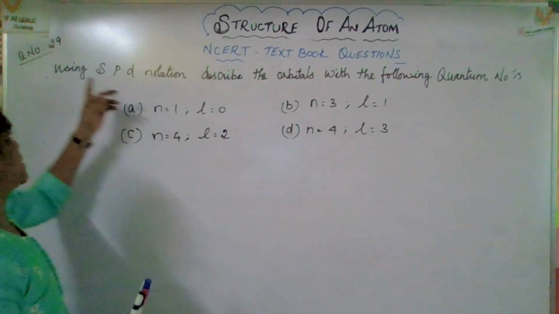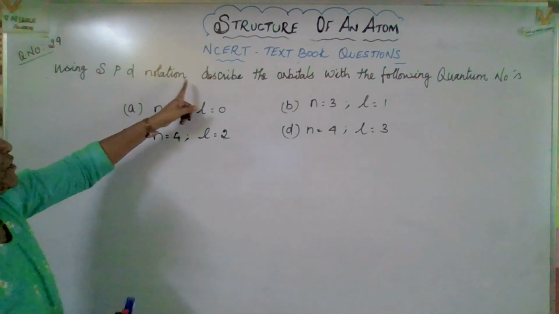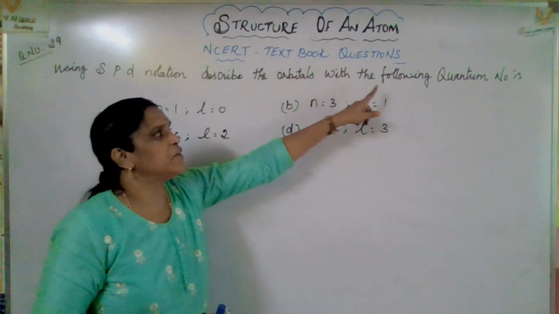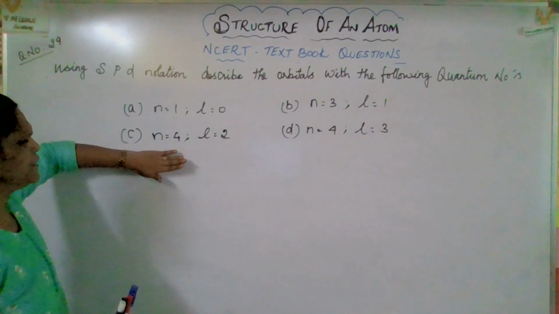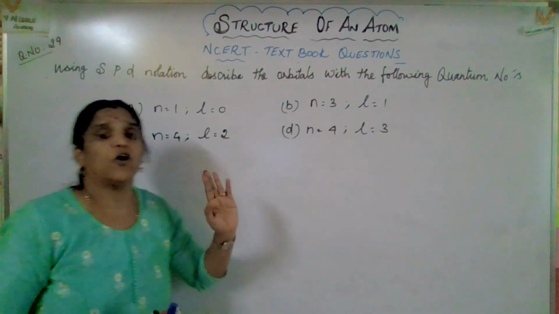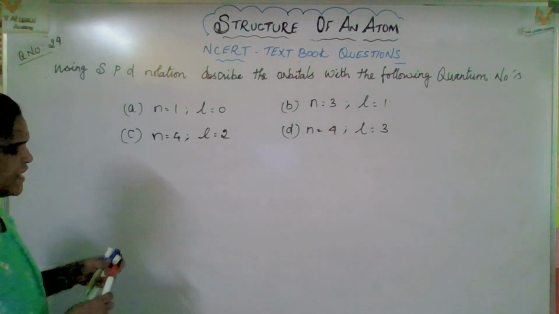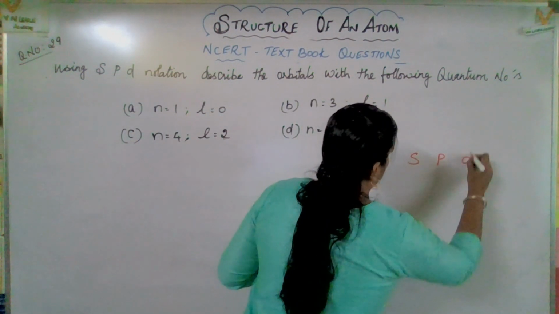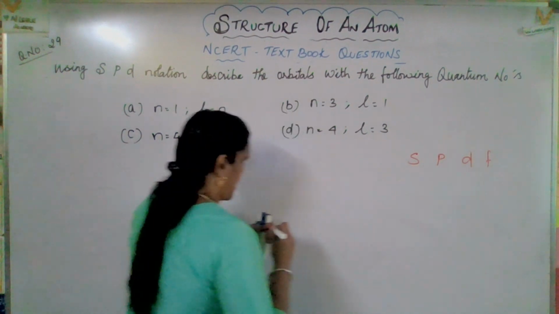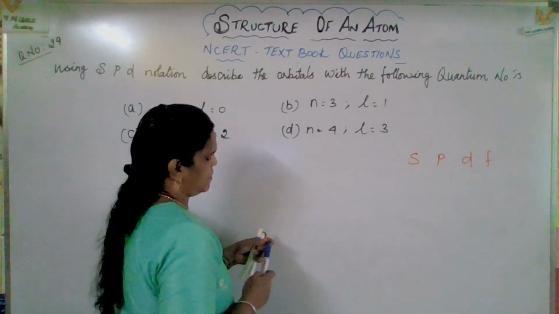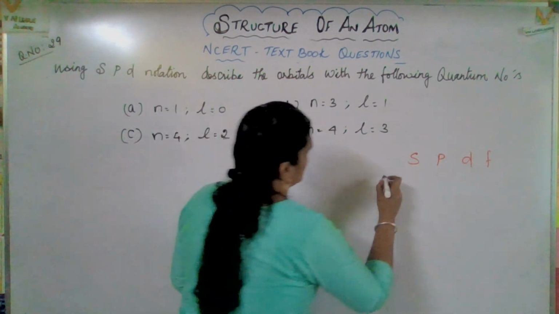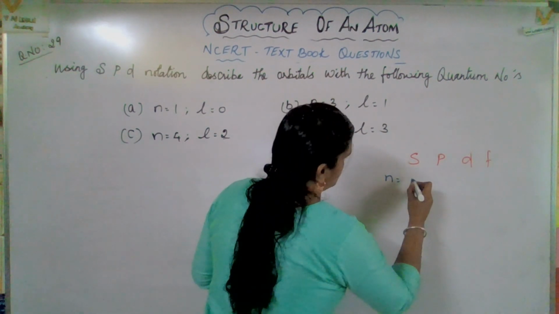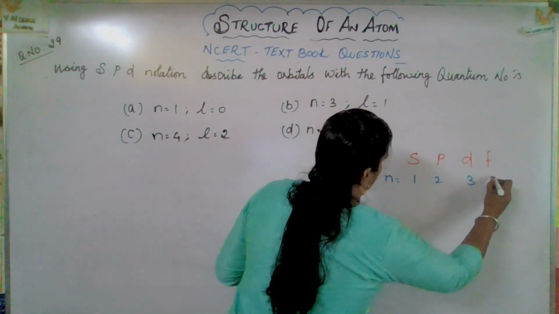Now the next question. Using SPD notation, describe the orbitals with the following quantum numbers. Really, it will be easy if you know all the formats. Generally we'll write like this: S, P, D and F. n equal to 1, 2, 3 and 4.